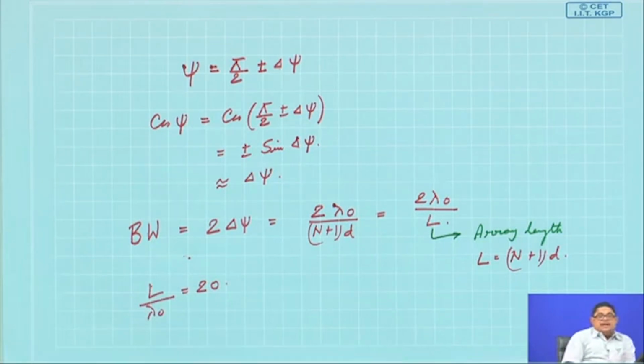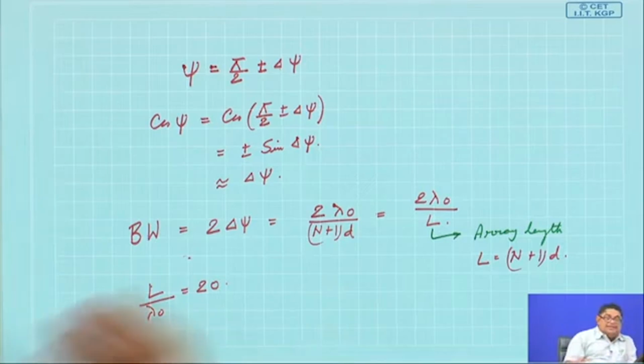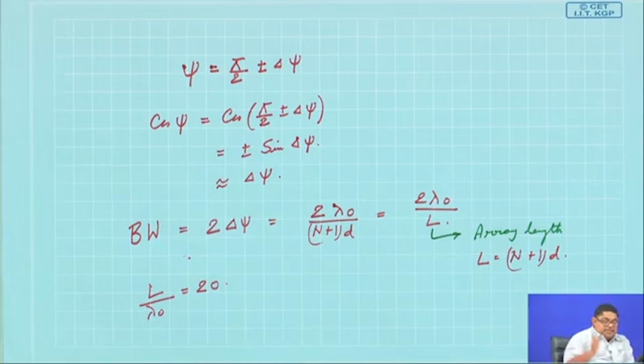So, as an antenna designer, given the specification of the null to null beam width required, you can easily find out how many elements are required. At high frequency, this 6 degree is quite feasible, but at 1 megahertz, this will require an array length of 6 kilometer.